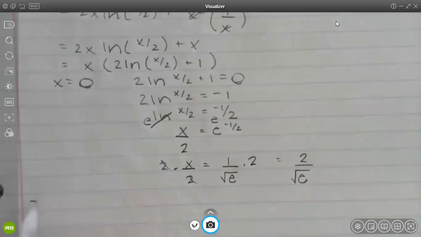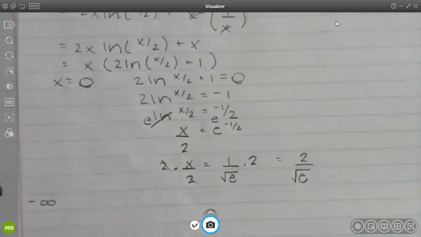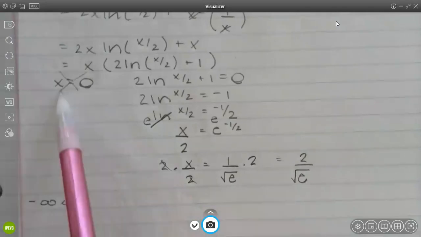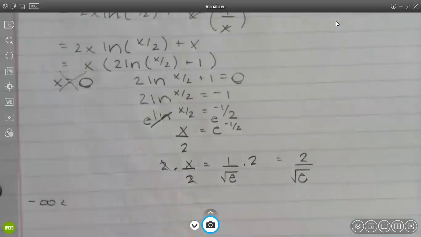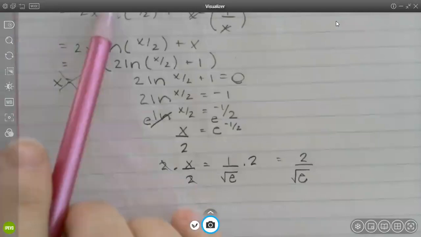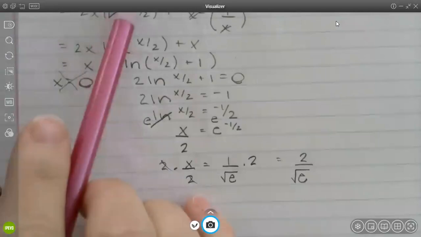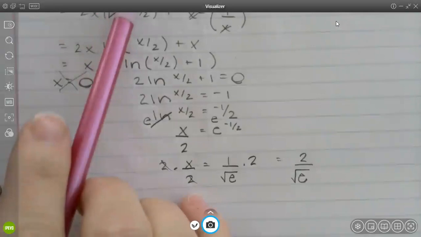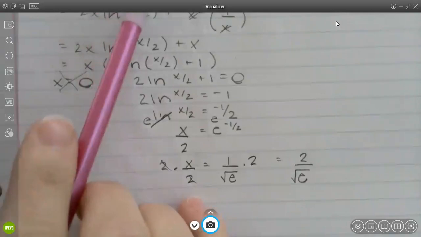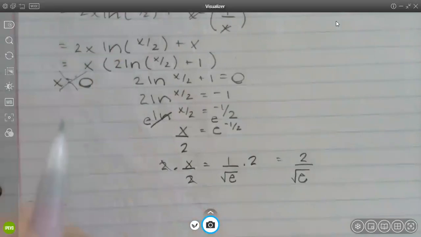So we go from negative infinity. Your 0 does not count. Why would your 0 not count? What happens when I plug it back in? Even if I plug it into the very beginning, I can't find this coordinate because 0 over 2 is 0. Can I do ln of 0? No, so that one marks out.